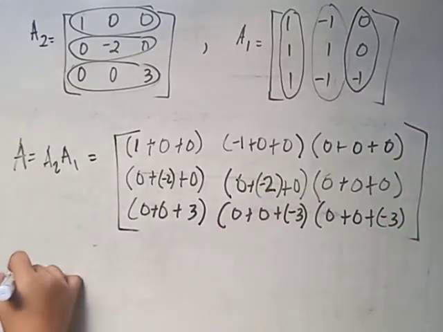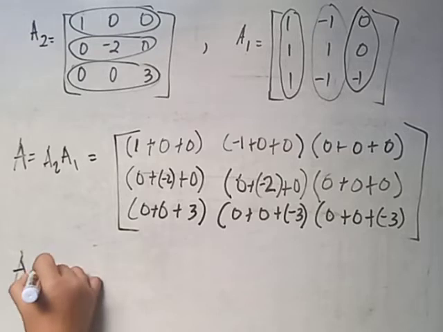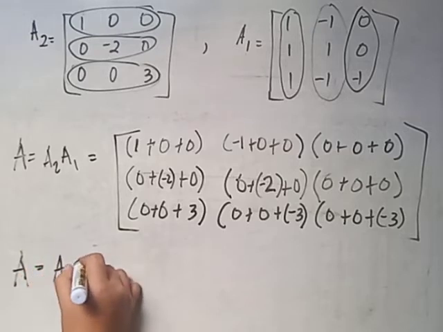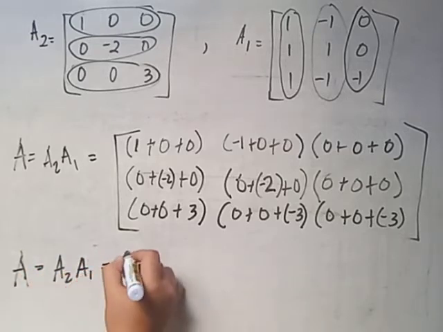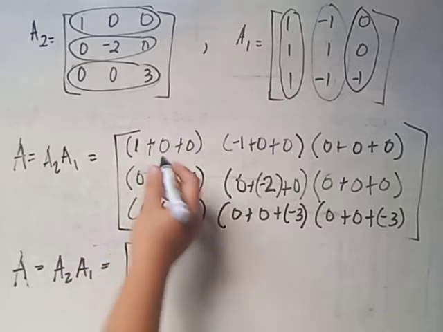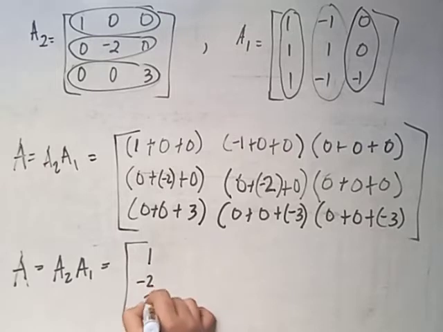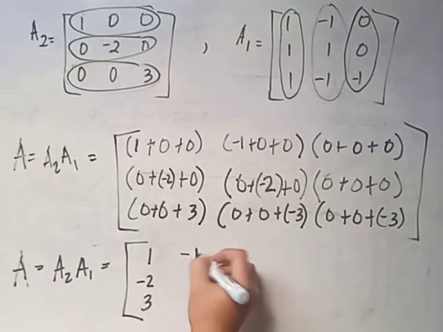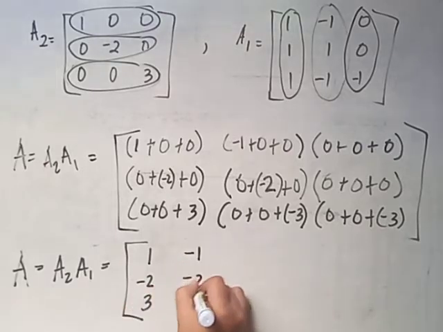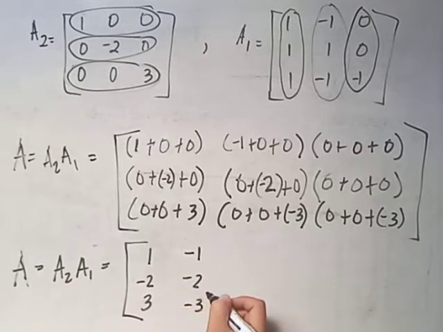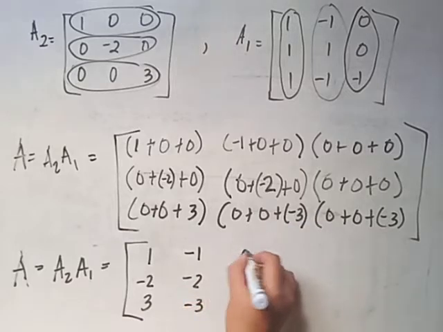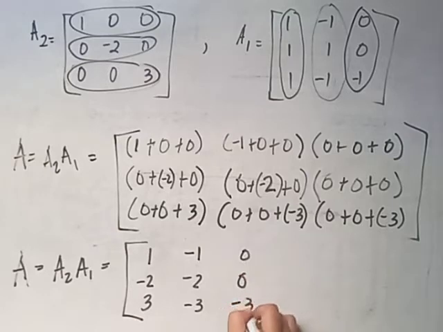So the matrix A now, which is equal to the product of A sub 2 and A sub 1, is equal to 1, negative 2, 3, negative 1, negative 2, and negative 3. And lastly, we have 0, 0, negative 3. So this is now the standard matrix for the transformation.